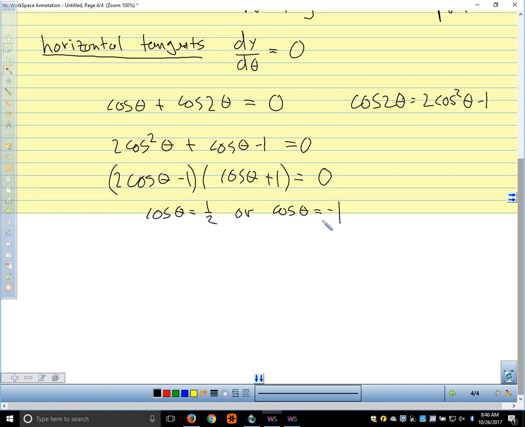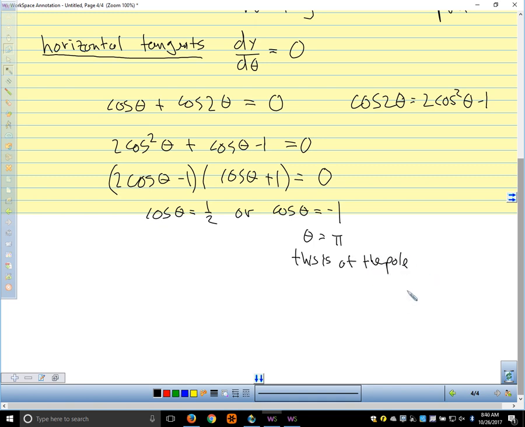Theta equals pi, but what did we decide happens if theta equals pi? No tangent line. This is the pole. So it's not pi.